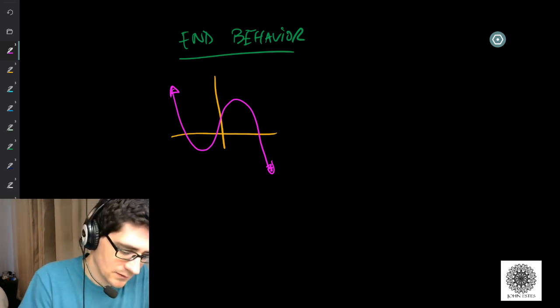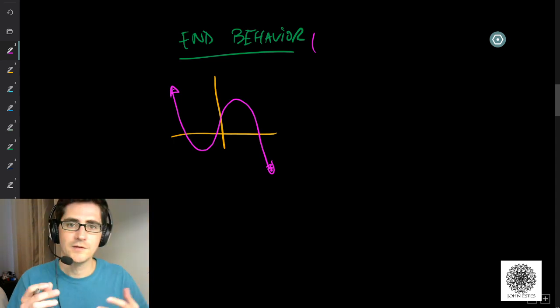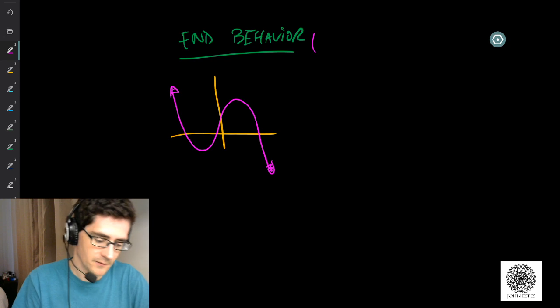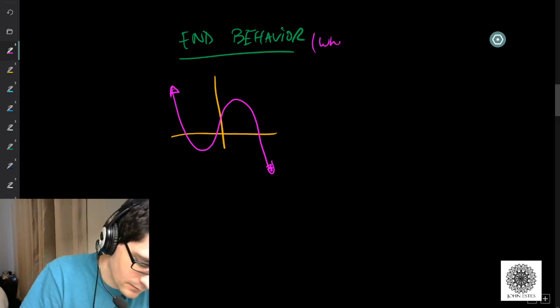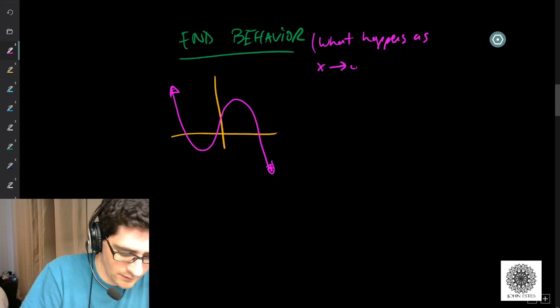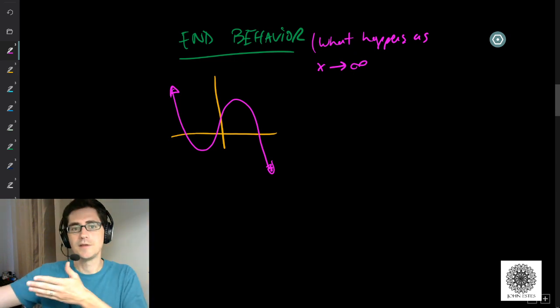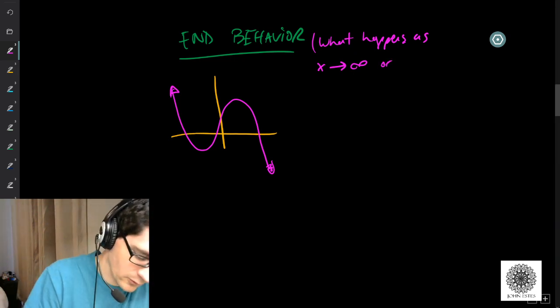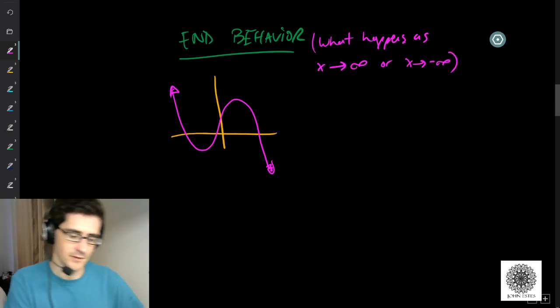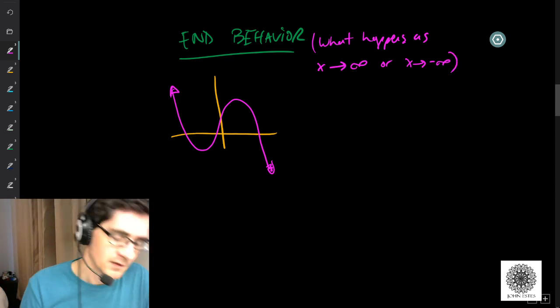So this is saying what happens to the graph as x goes to infinity or as x goes to negative infinity. What happens as x approaches infinity or x approaches negative infinity, so going out that way. That's what the end behavior is talking about.